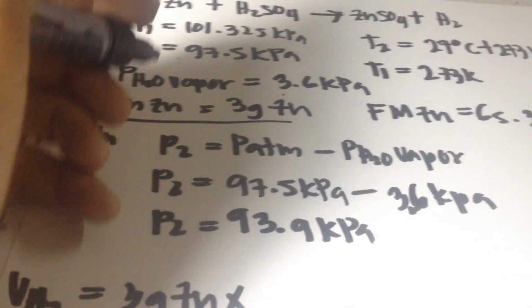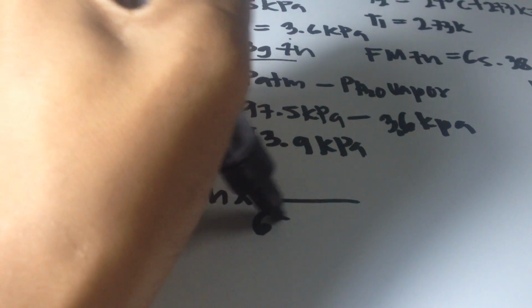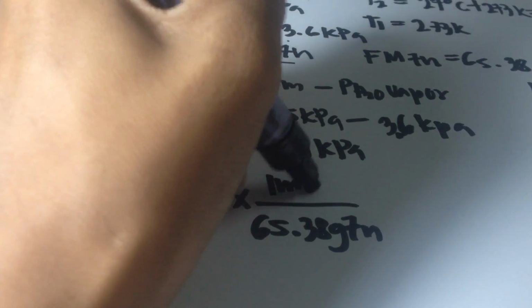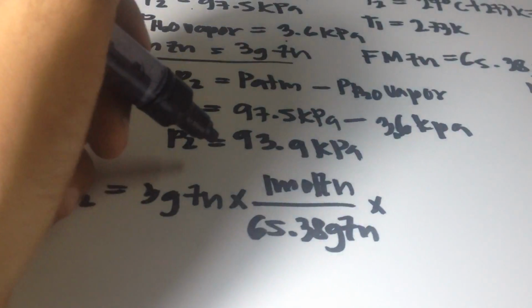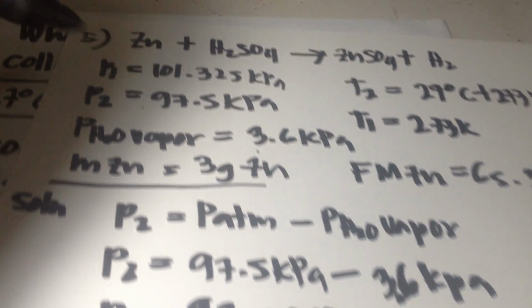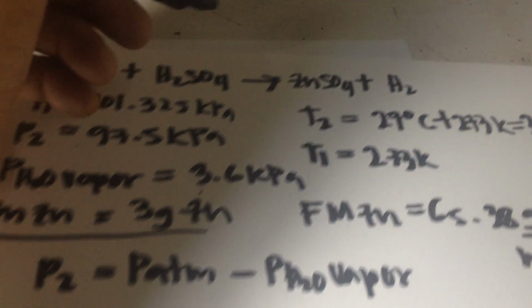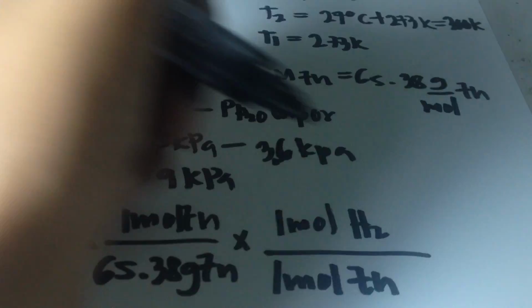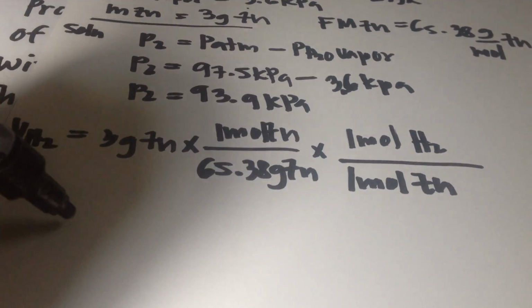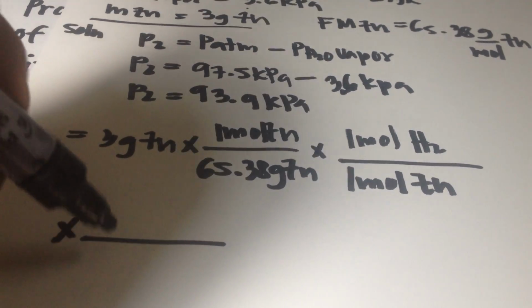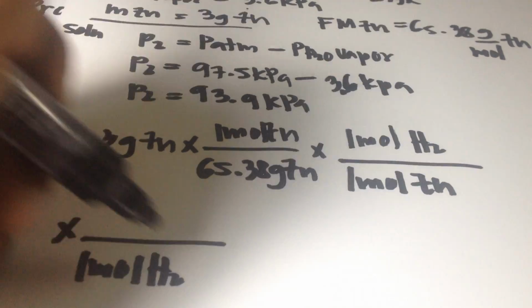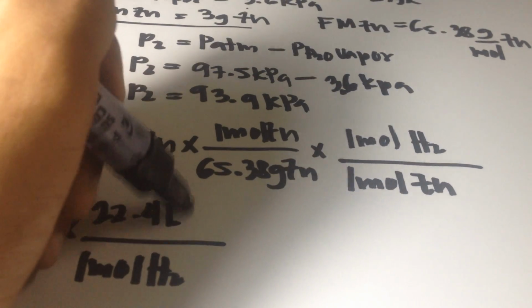So times 1 mole of zinc over 65.38 grams of zinc, and then 1 mole of hydrogen gas per 1 mole of zinc in the reaction, and then times 22.4 liters of hydrogen gas per mole at STP.